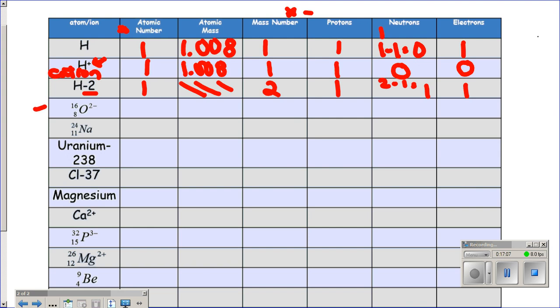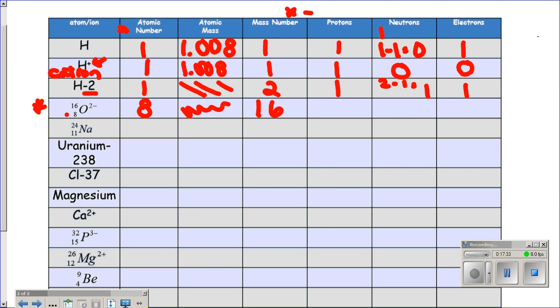Here's an isotope in the AZ format. We don't need our periodic table for this at all. We have everything we need. The 16 is the A number. That's the mass number. The 8 is the Z number. That's the atomic number. So we don't need our periodic table for that mass at all. We're told that it's an isotope that weighs 16 atomic mass units.